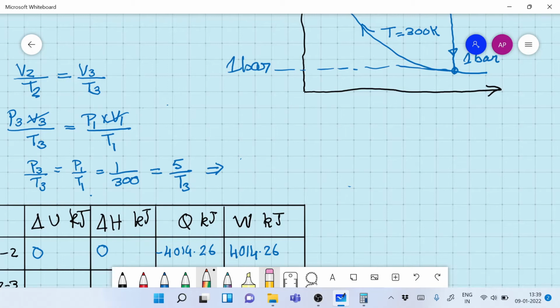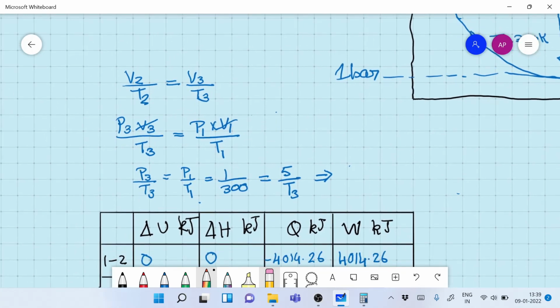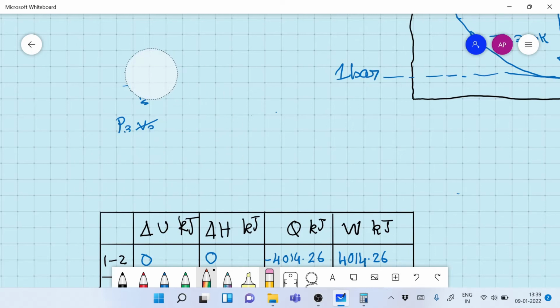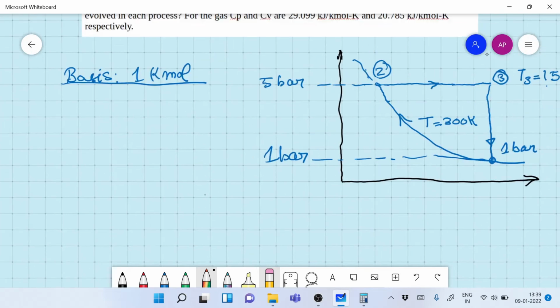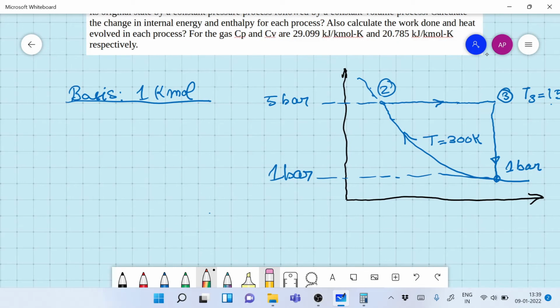Now let us start calculating the quantities, internal energy and enthalpy for the processes. So let's do it. Now for process 2 to 3, the change in internal energy is going to be N into Cv into T3 minus T2.